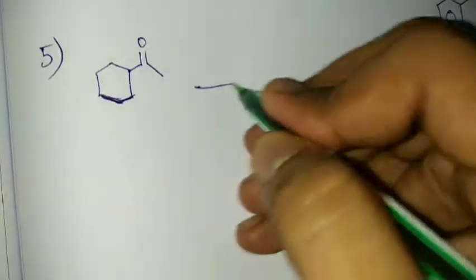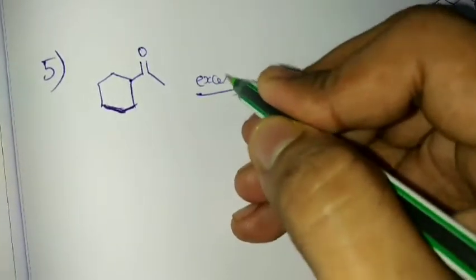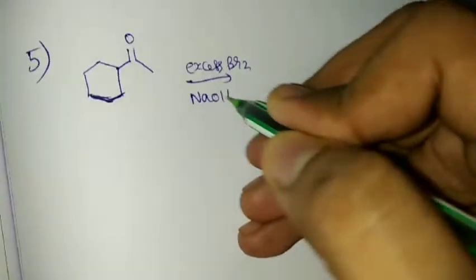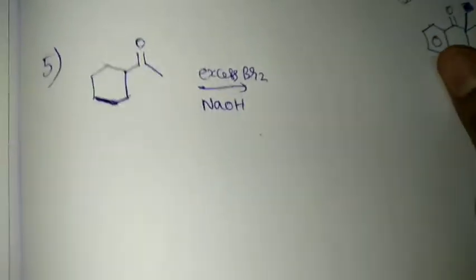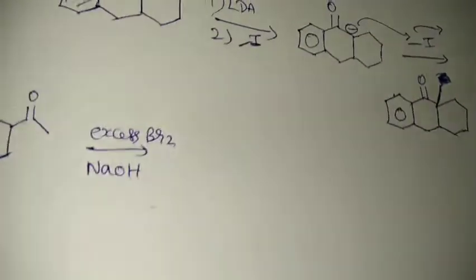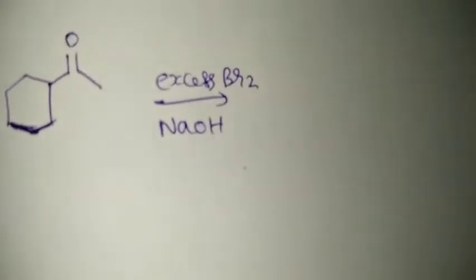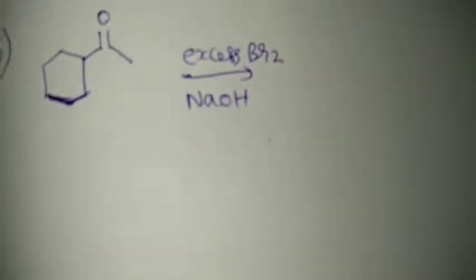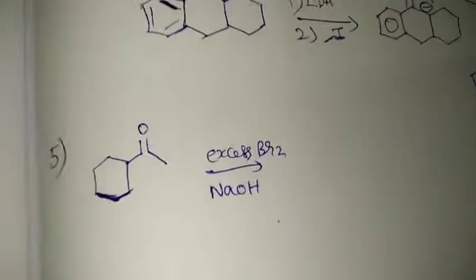So this reacts with excess Br2 in NaOH. What will happen? I've said this in the video, I think probably in the second lecture. If bromine is present in excess and the reaction is happening in basic conditions, halogenation takes place.